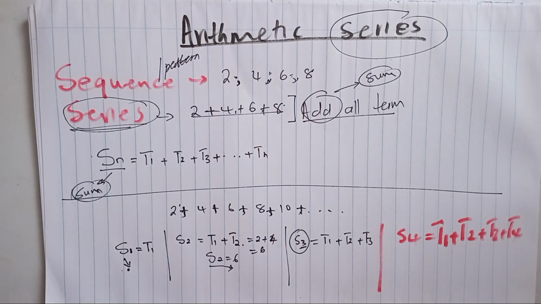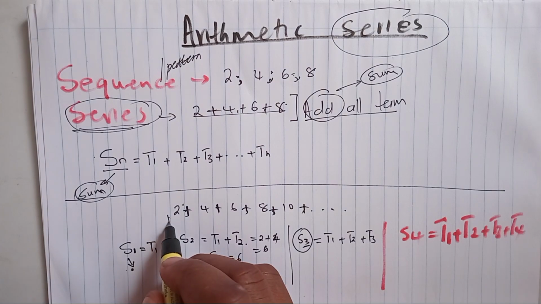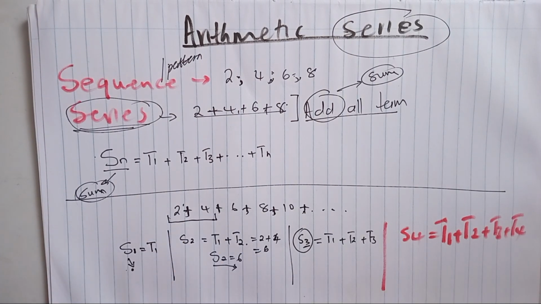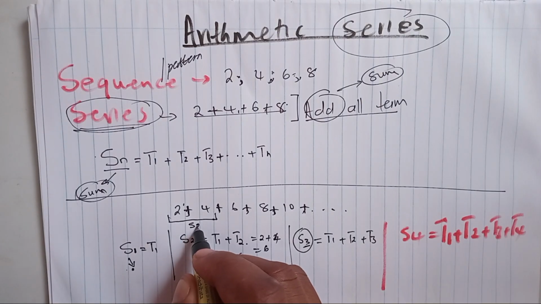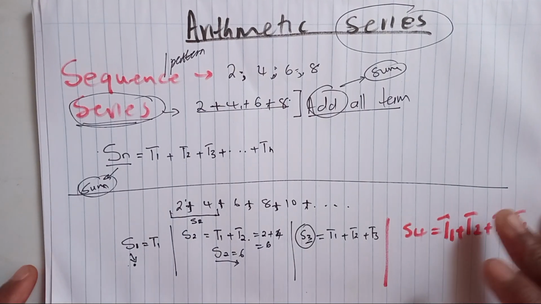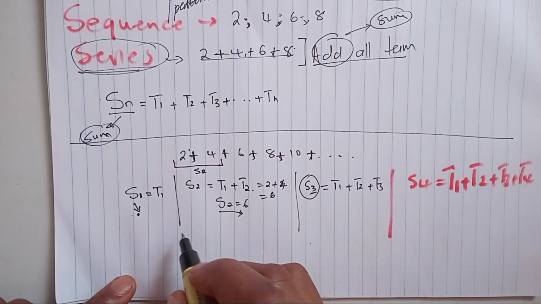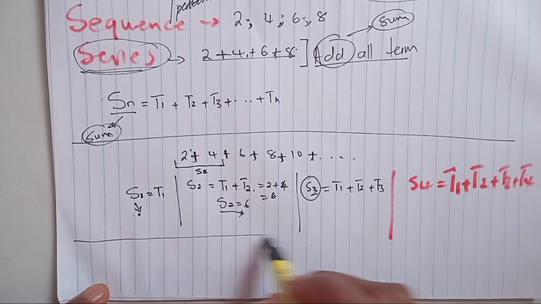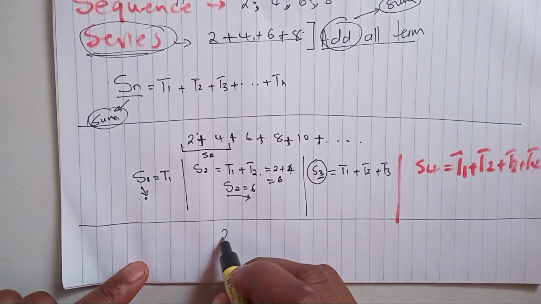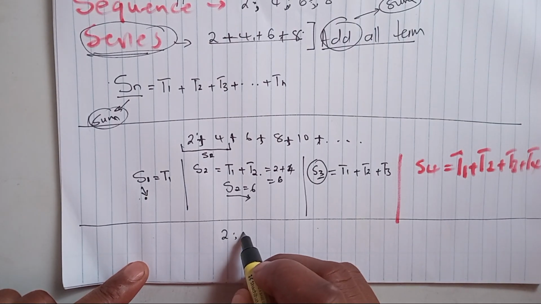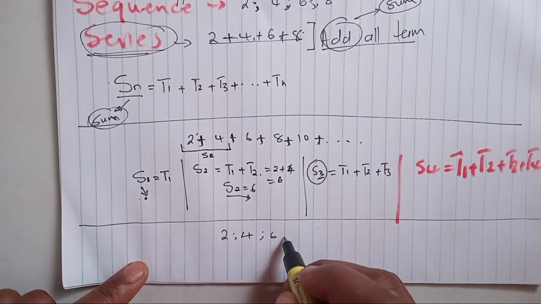Take note of this, guys. If I'm saying the sum of the first 2 terms, it means this one is going to be S2. Let me just write it here. You can see everything. This one is very important, guys. You have to get this into mind. 4, 6, 8.